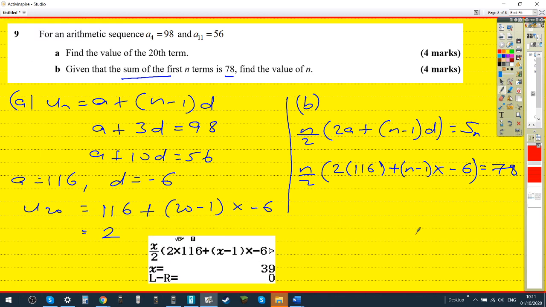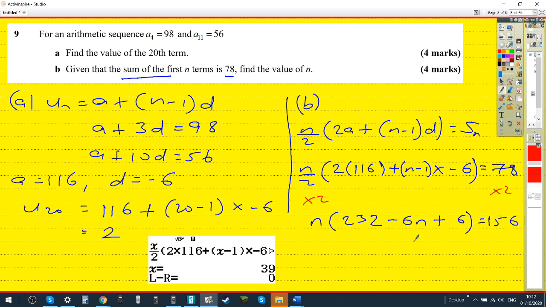Okay. Yeah. You could times both sides by 2 to get rid of the fraction. Yeah. And so that'll be n times 232 minus 6n plus 6 equals 156, yeah.